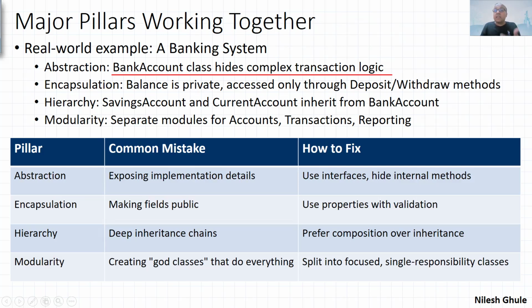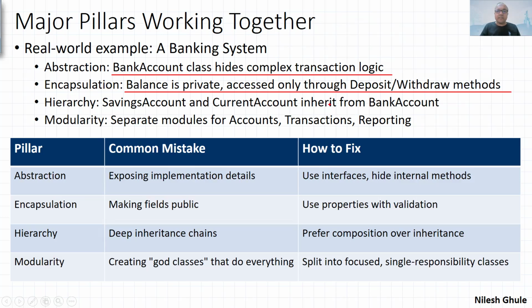Correct? Then comes encapsulation, which is ensuring that your critical data is kept private. No one should be able to access it directly, and no wrong state should be stored in it. The appropriate validations will always be done.